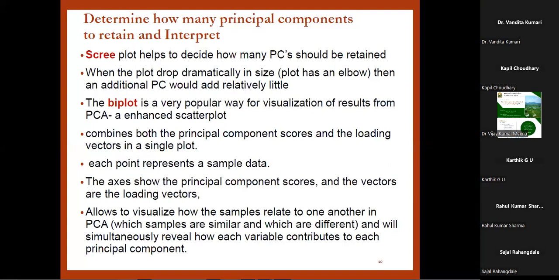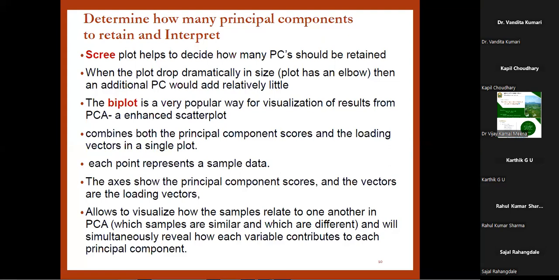That means the addition of any more principal components would not be much fruitful. So up to that point, we select the principal components. Mostly the principal components we select are up to 2 or 3 because they capture the maximum of the variability, about 80-85% in most cases.